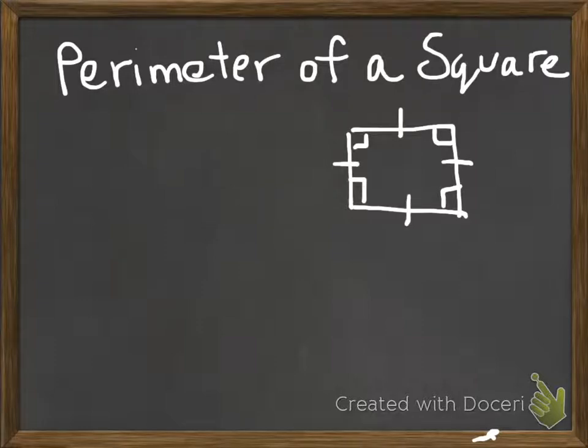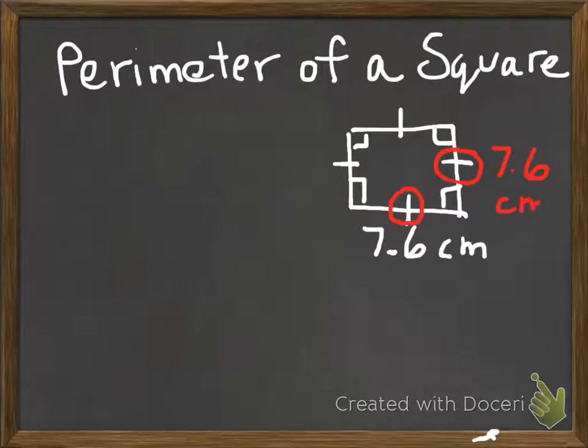So the single line means all these have the same measurement, and then they would most likely just give you one side of the measurement. Okay, so for example, if this square on one side measures 7.6 centimeters, this symbol here is telling us that on this side we have 7.6 centimeters.